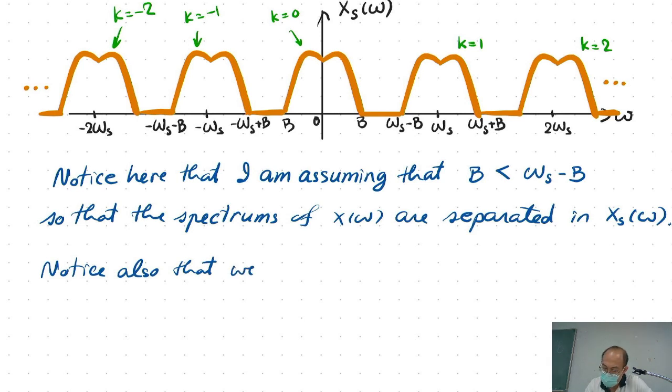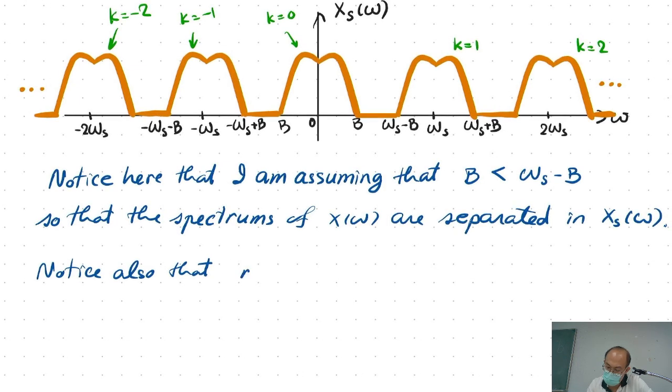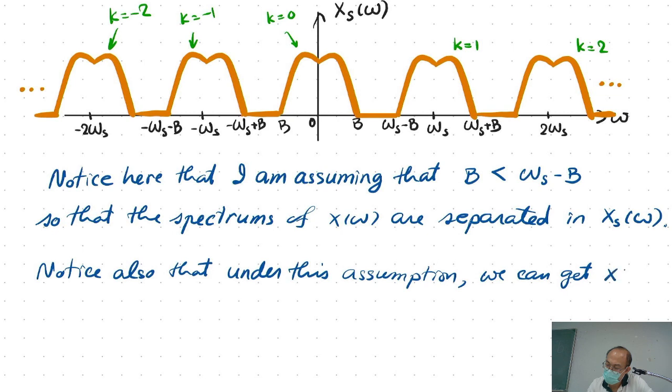Under this condition, under this assumption, we can get x of omega back by filtering out all the side spectrums.